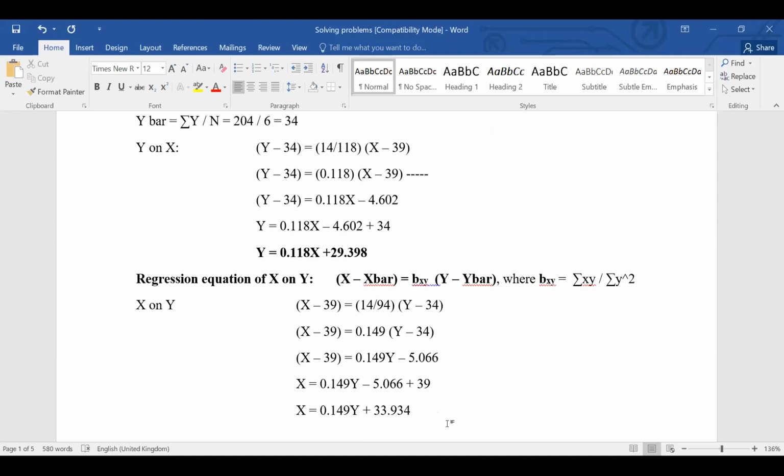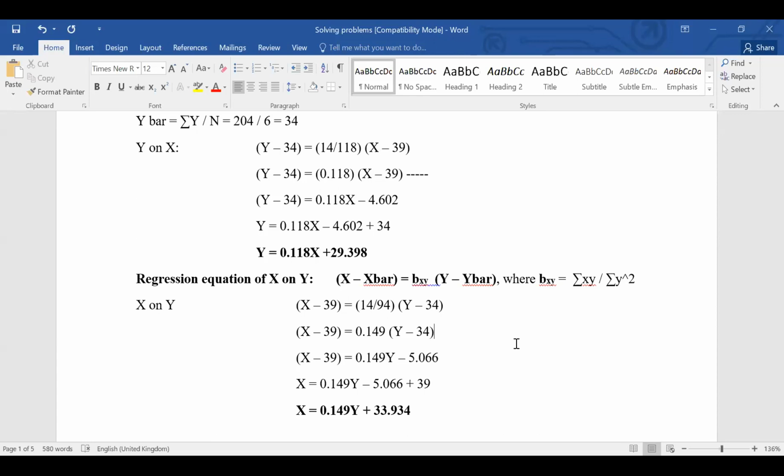Okay, yes. Right, thank you, Jayashree. We got the regression equation x on y also. So as per the formula, this is how we have to find out the regression equation y on x, x on y through the regression coefficient method, actual mean. Understood.